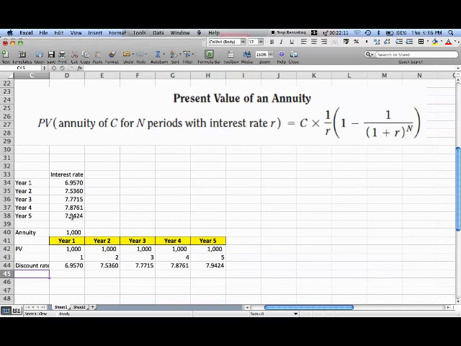Okay, and then your present value interest factor in the first year should be 1 plus the percentage, to the power 1. Okay, and the second year, to the power 2.